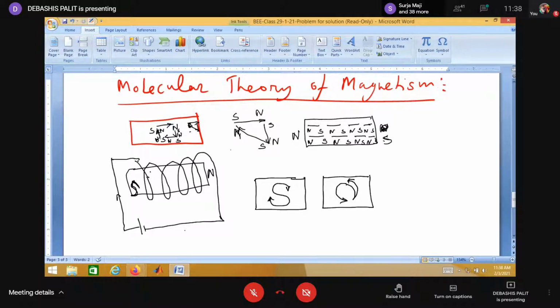So a ferromagnetic substance can get this magnetic property. But why can a paramagnetic material not be a magnet? Why can a diamagnetic material like water, silver, copper not be a magnet? The molecular theory of magnetism cannot explain.